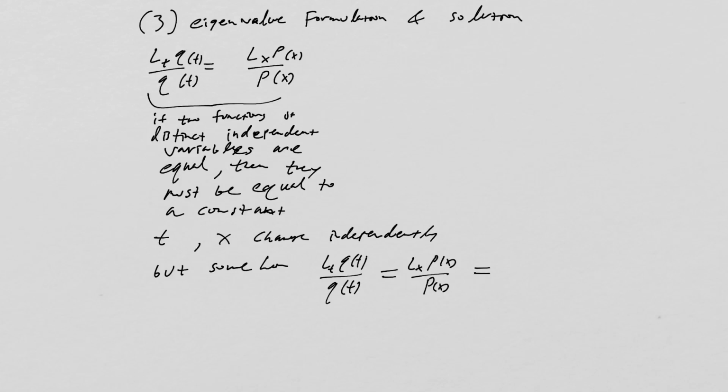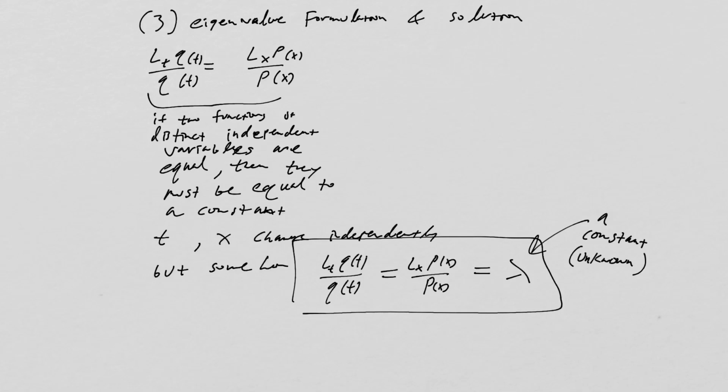They have to be equal to some constant. And it should be noted that this constant at this point in time is unknown. Okay, so there's our lambda, and this is the equation we have.